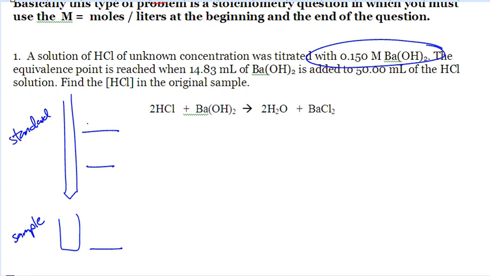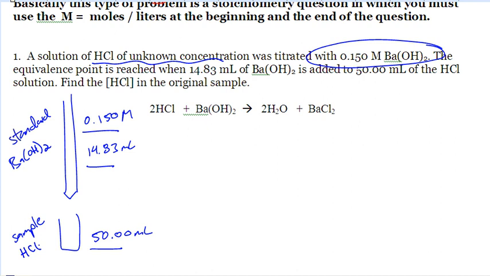Your standard is 0.150 molar, and you used 14.83 milliliters of it, and your sample is 50 milliliters. Your standard is barium hydroxide. That's what you are using. And your sample, what you're trying to find, your unknown, is HCl.